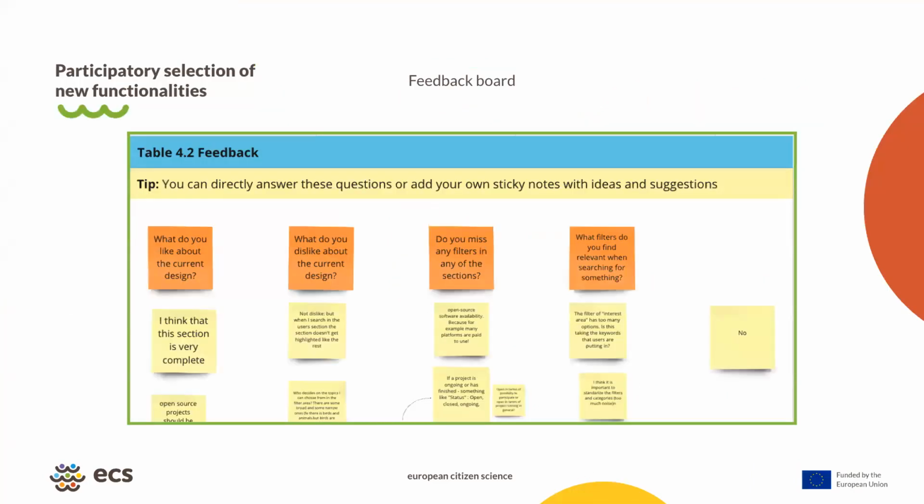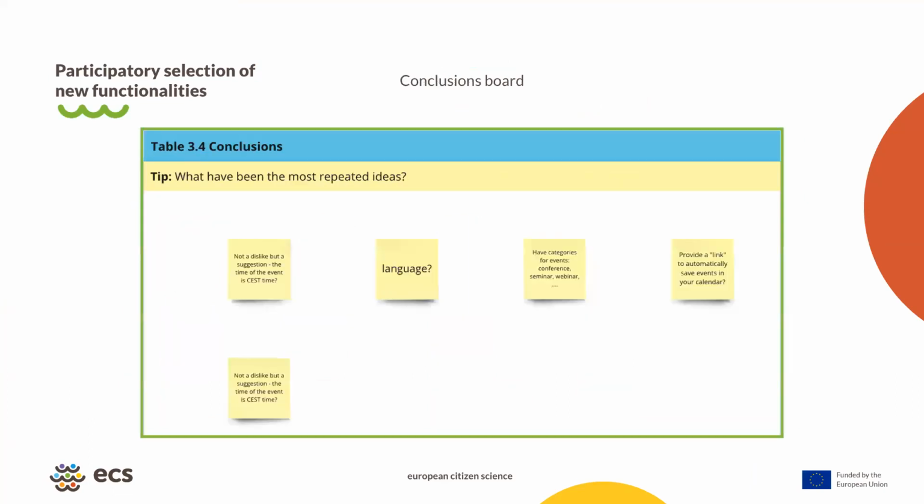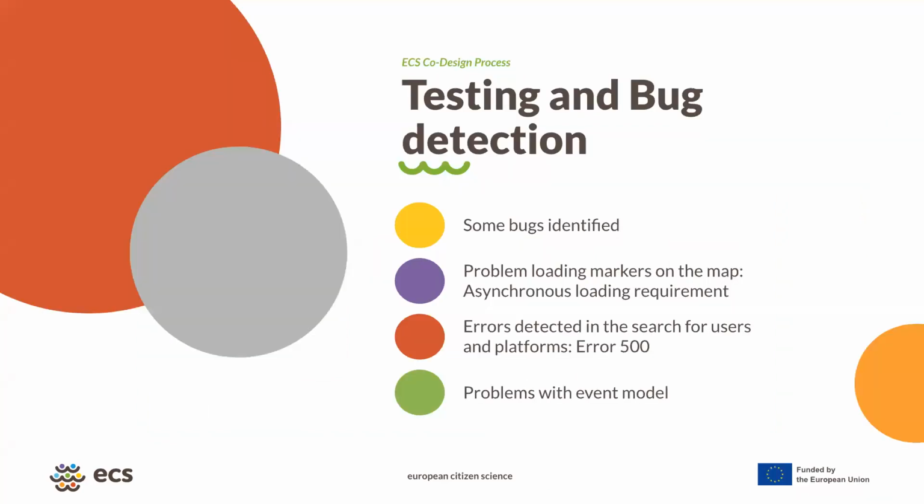In the following slides, you can see some examples of the boards that were completed during the workshops, including the feedback board and an example of the conclusion board. So, as an output from these workshops, we gleaned diverse results. For a start, there was a sense that the community widely accepted the current state of the beta services.